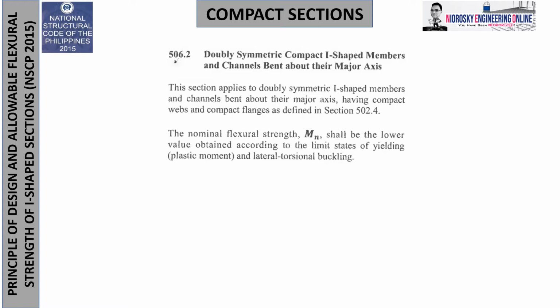So, therefore, ano ang selection ng M sub N? The nominal flexural strength M sub N shall be the lower value obtained according to the limit states of yielding and lateral torsional buckling. Dalawa ang pagkukonsiderahan natin: yielding condition at saka lateral torsional buckling. So, check natin kung paano kinocompute yung dalawang yan.